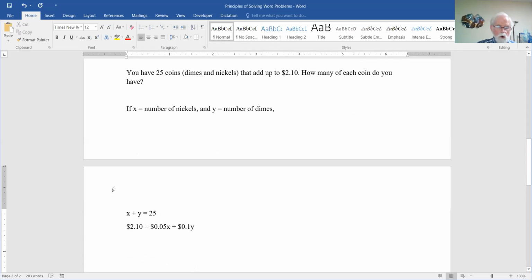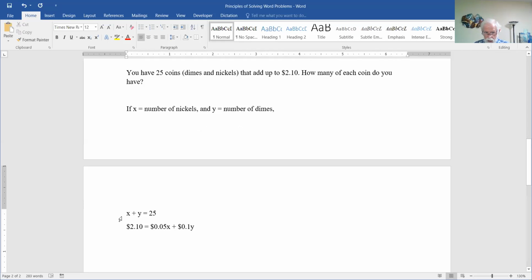So how do you think we're going to solve this? Are you going to add? Well, we will add, yeah. We know that we're going to have to add this up, but one of the things we do, when we have two variables in a problem, is find a way to express the problem in terms of one variable.